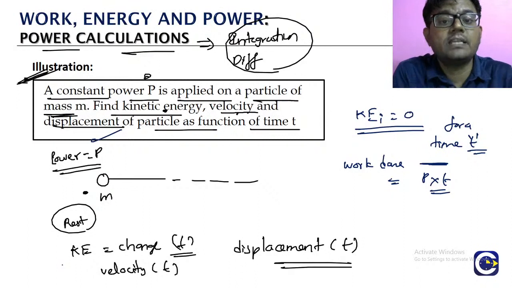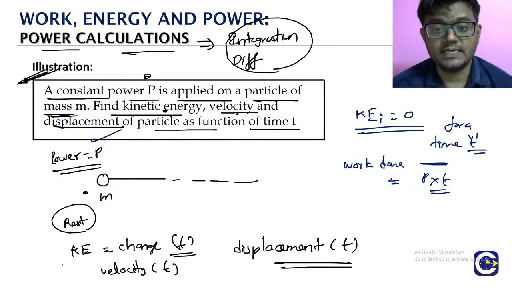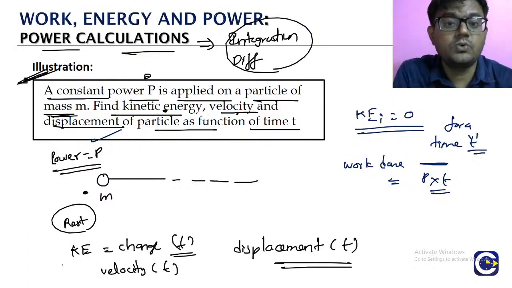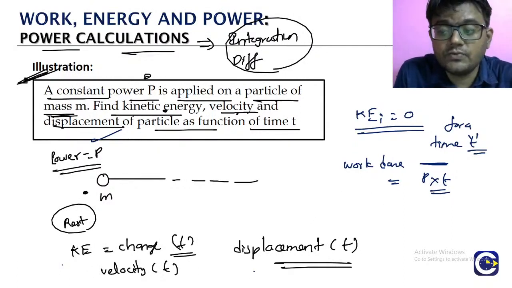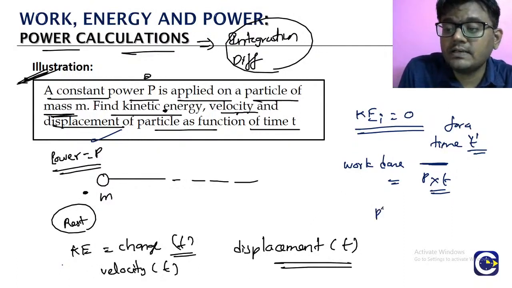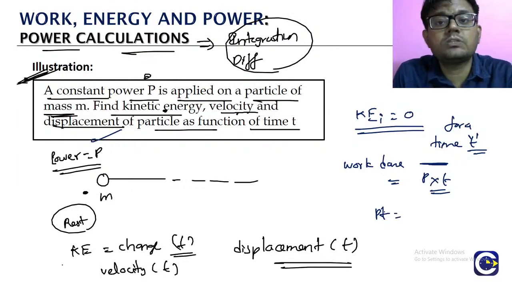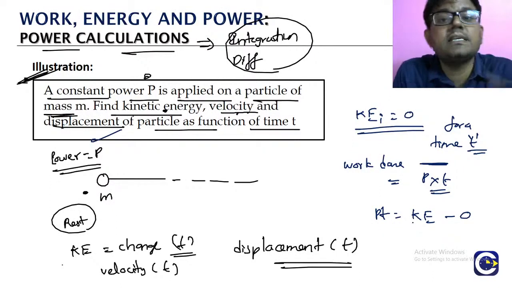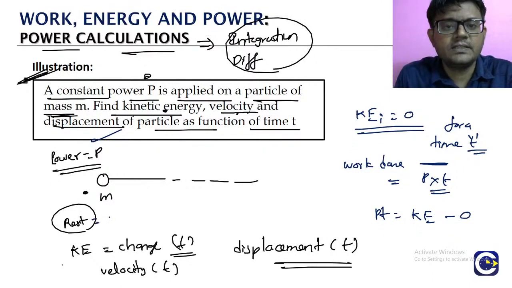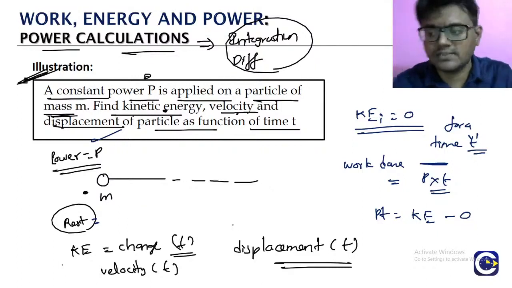Here we are not dealing with any potential energy terms. So the work done will be equal to the change in kinetic energy, the final kinetic energy minus the initial kinetic energy. Because it is starting from rest, we take the initial kinetic energy as 0.